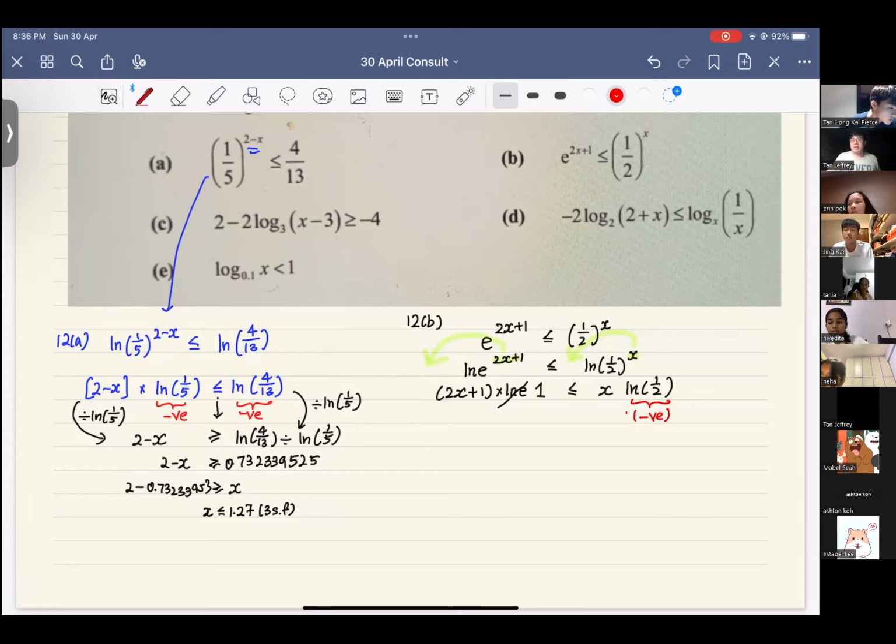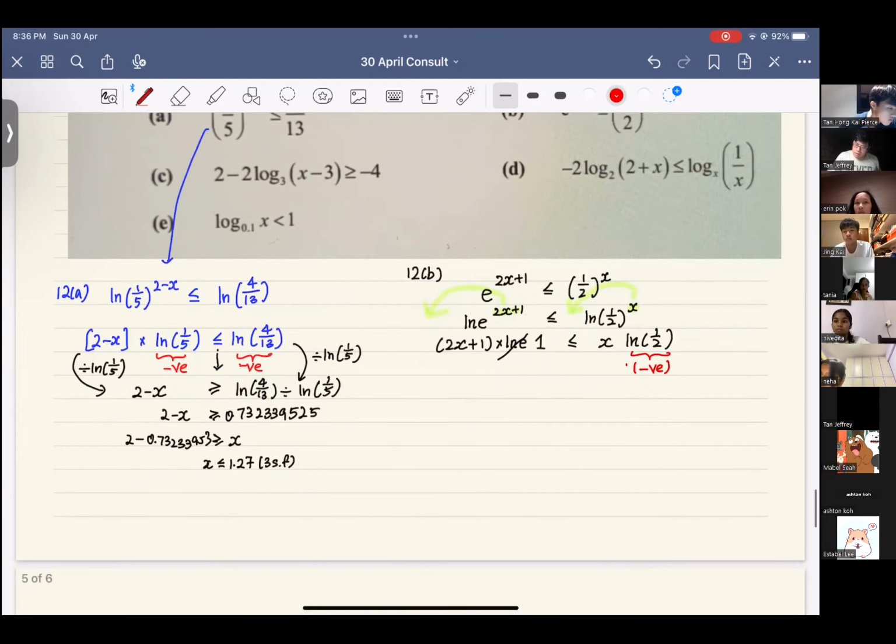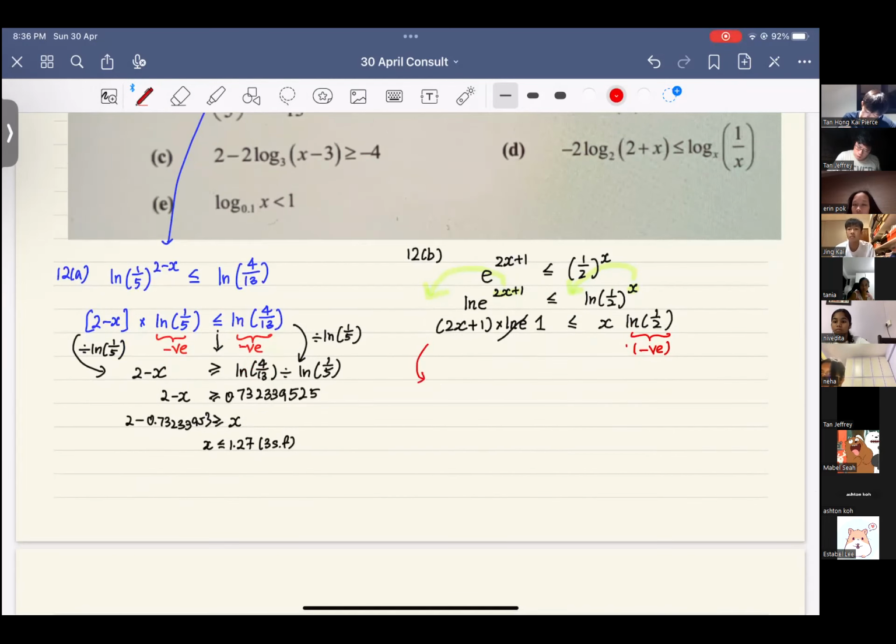The next part just remains to solve an equation, where I group my x terms. I will try to push all x terms to one side, just like how you solve a linear equation.